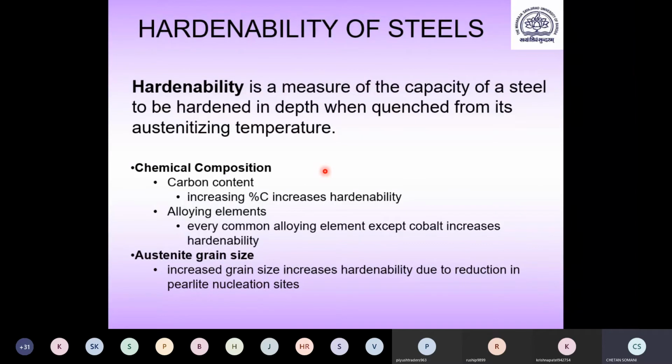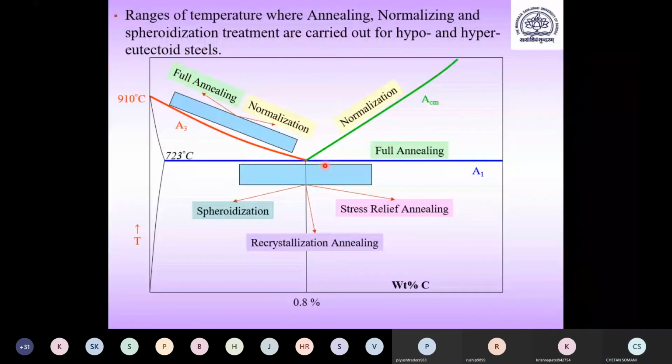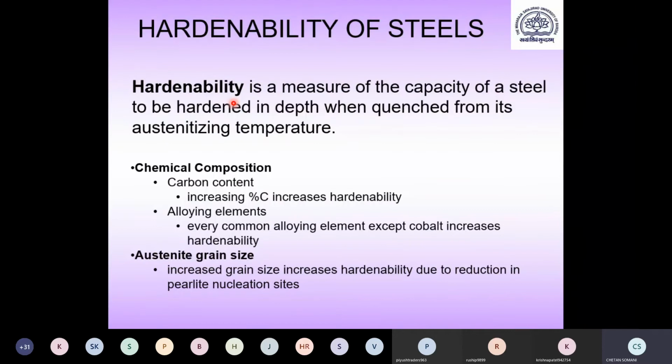Now where is the austenitizing temperature? This is the austenitizing temperature. Above this line you have austenite. So when it is heated above the austenitizing temperature, austenite formation and the capability of getting hard is called hardenability.